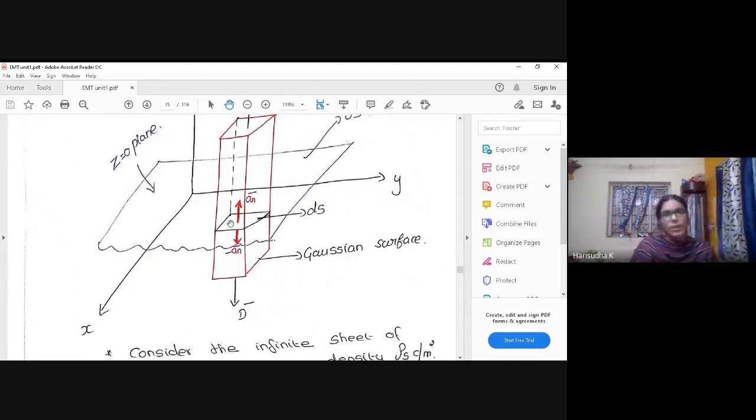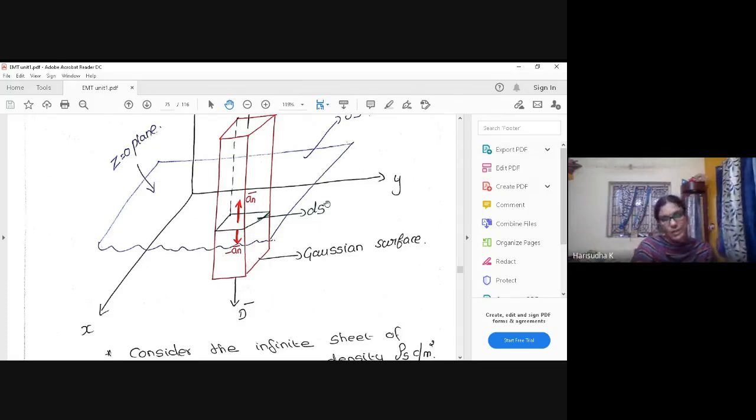As I said earlier, I have assumed a rectangular box. What you have to imagine is that this sheet of charge is passing through the rectangular box. This sheet of charge surface area is represented by ds, the differential surface area.